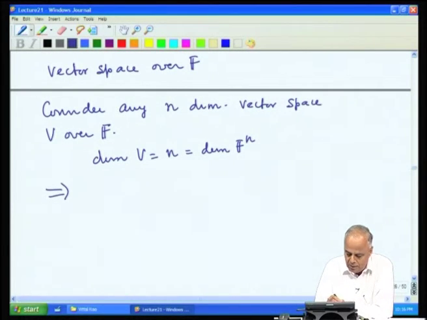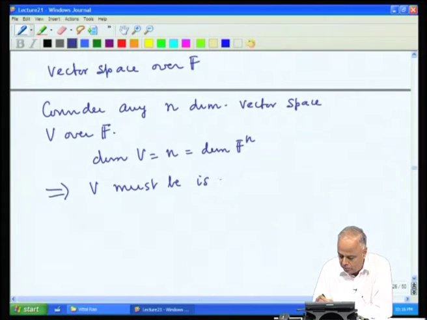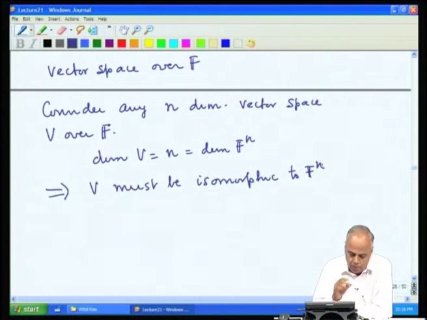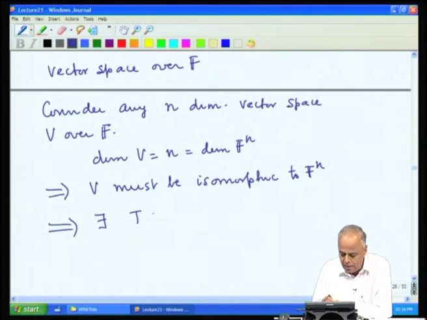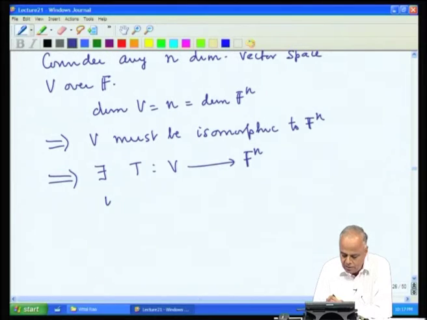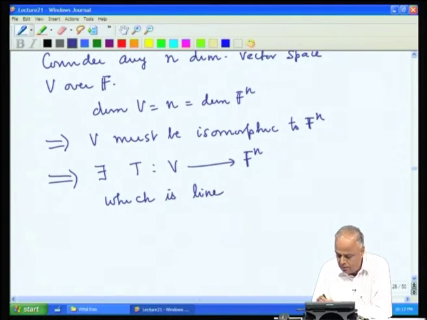This implies V must be isomorphic to F^n. What does that mean? This implies there exists a transformation from V to F^n which is linear, 1-1 and onto.